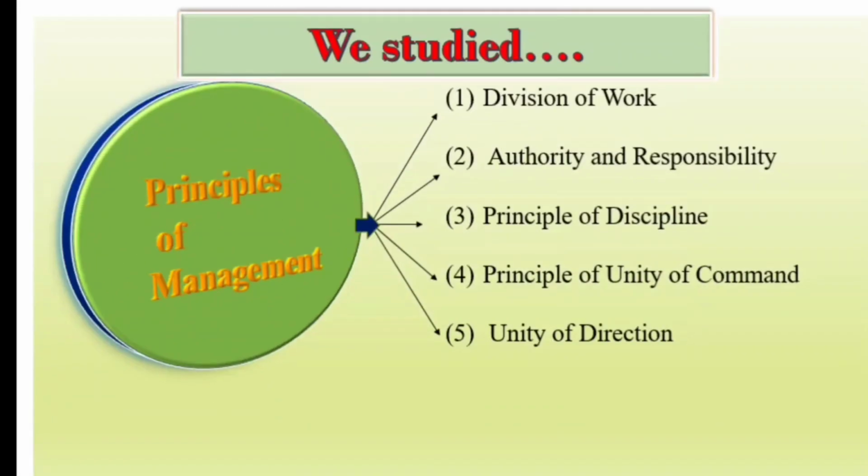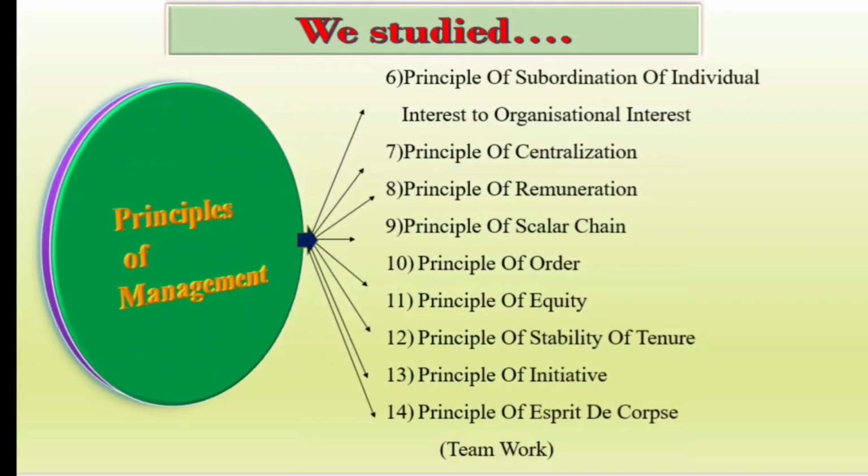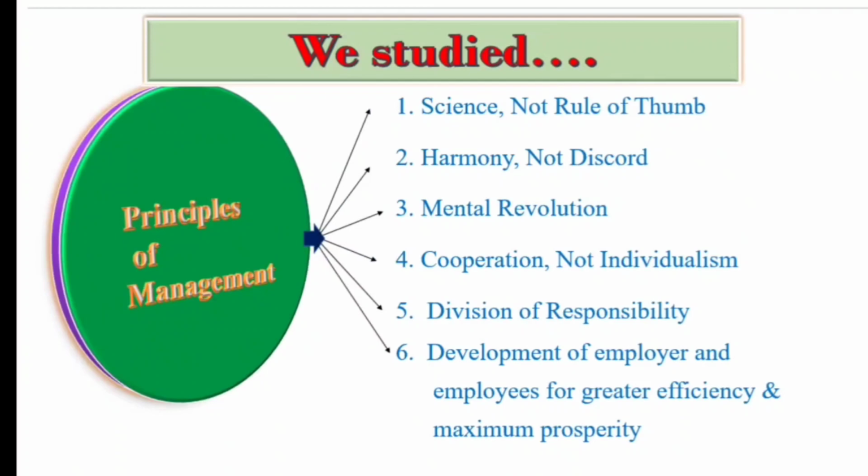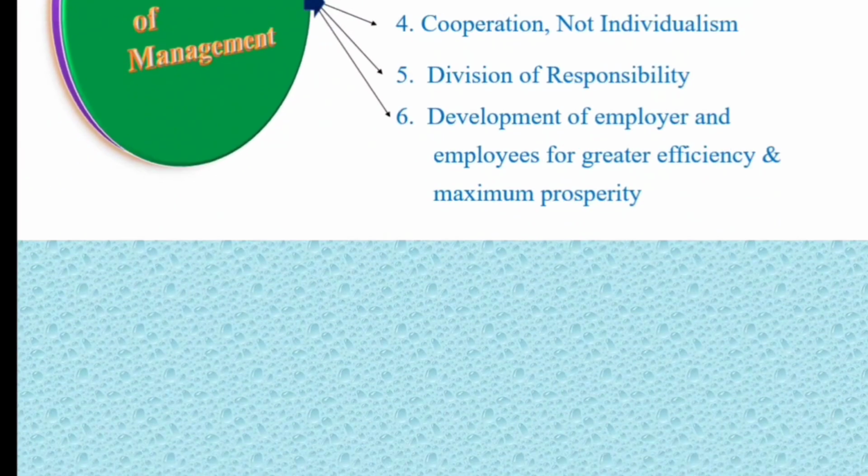Then we studied principles of management given by Henry Fayol, right? We studied there 14 principles. And then we studied principles of management given by F.W. Taylor. And today we understood techniques of scientific management.